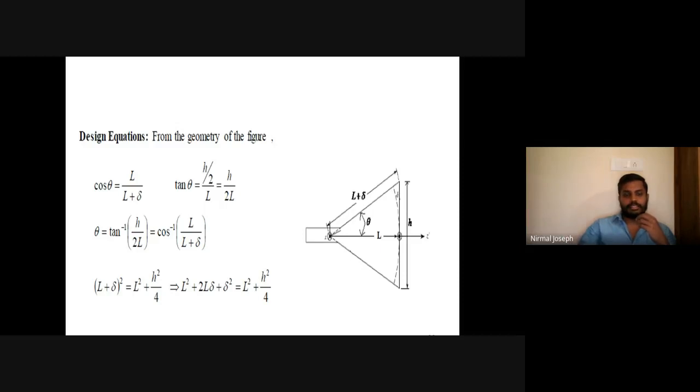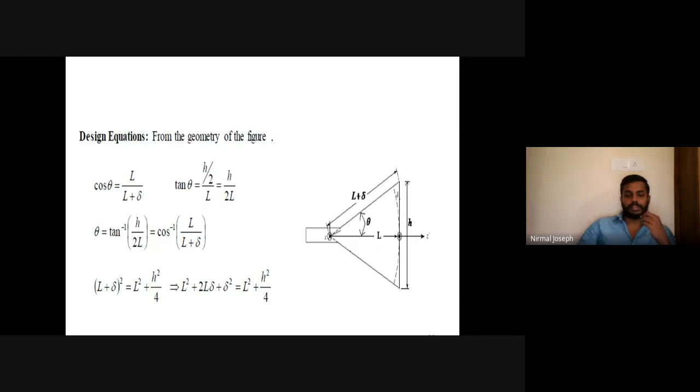Then you are getting two equations for theta. Then (L plus delta) whole square, where L plus delta is the hypotenuse, is L square plus h square by 4. Expanding that, L square plus 2 L delta plus delta square is equal to L square plus h square by 4.